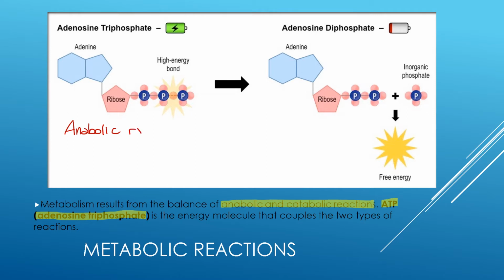So anabolic reactions, RxN is an abbreviation for the word reaction. So anabolic reactions require energy. And catabolic reactions release energy.